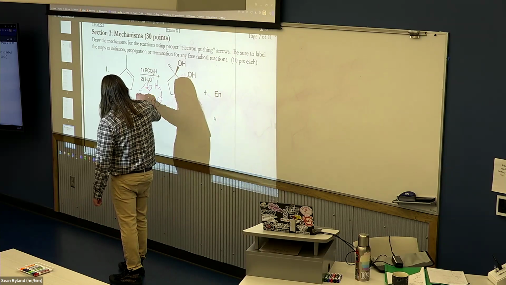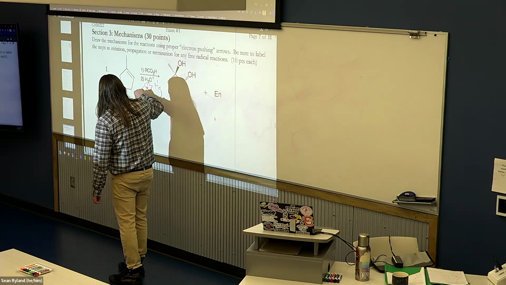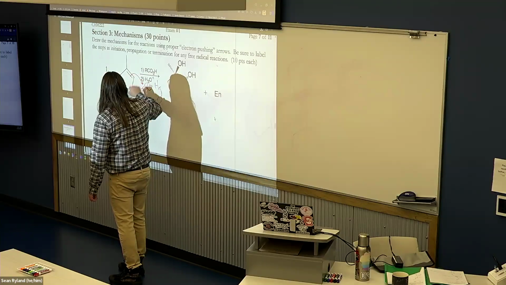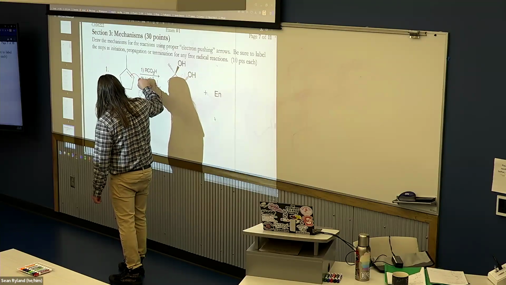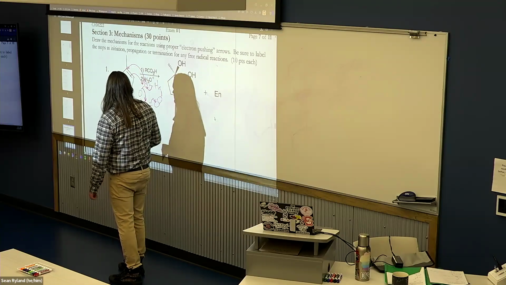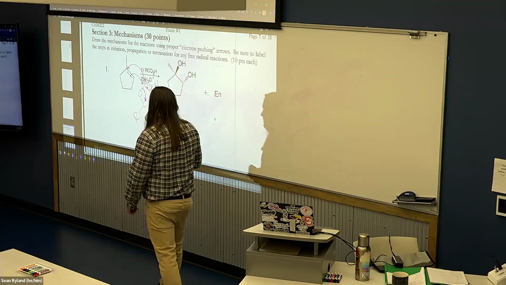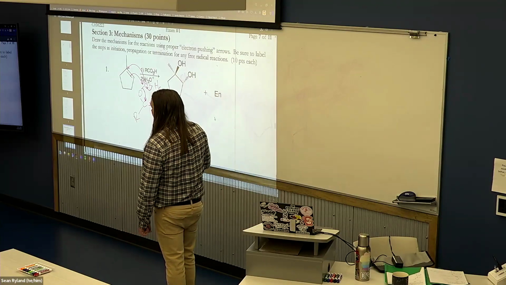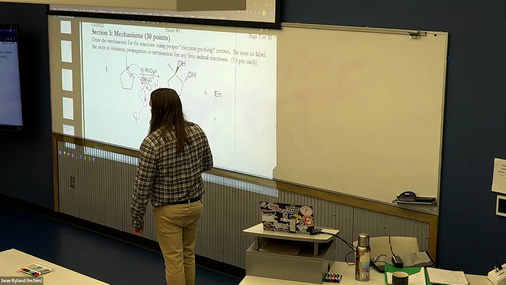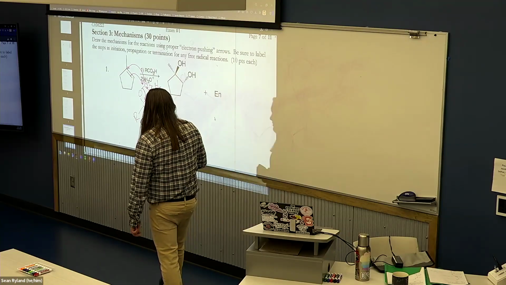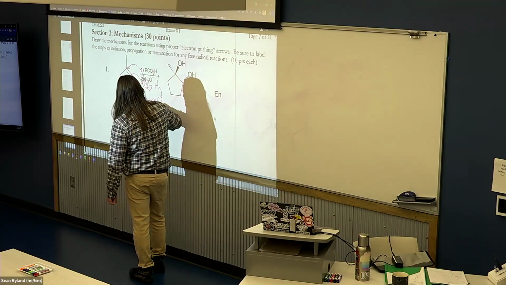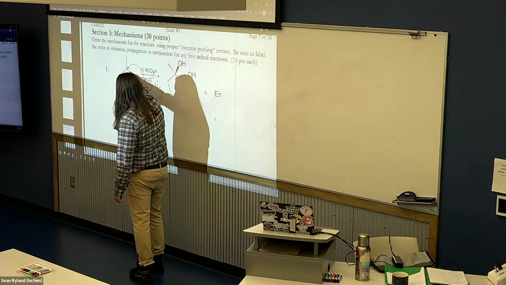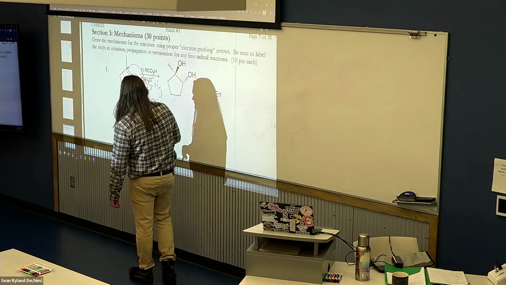Those electrons move up. So we wind up kicking an oxygen out, because this one's gonna reform into a carbonyl, this is gonna turn into an OH, and this oxygen gets turned into the epoxide.